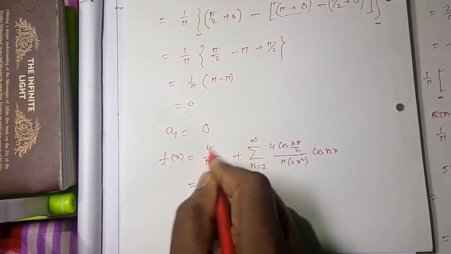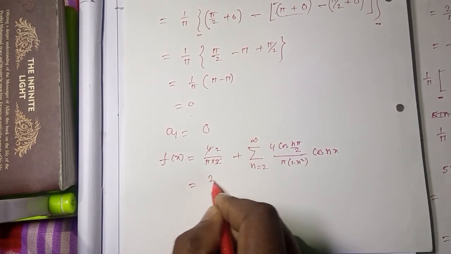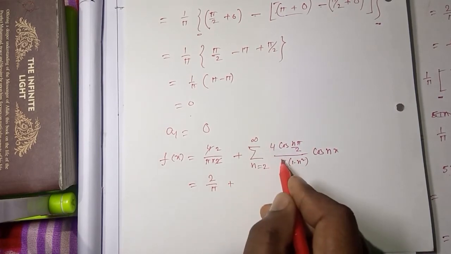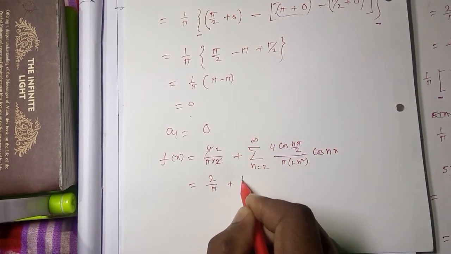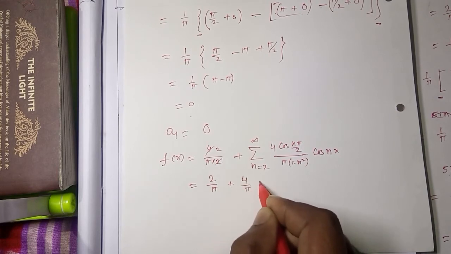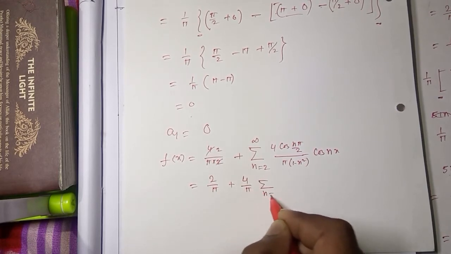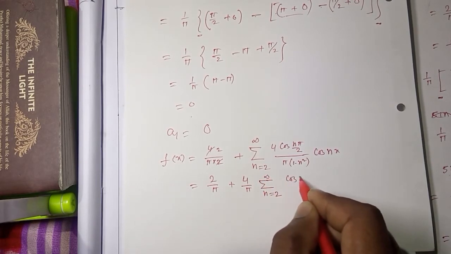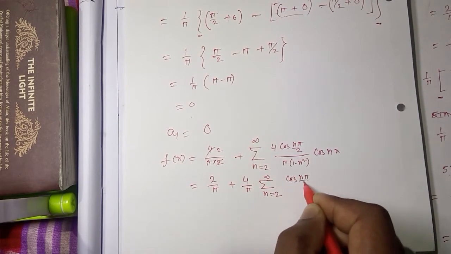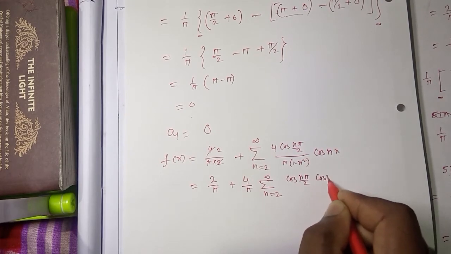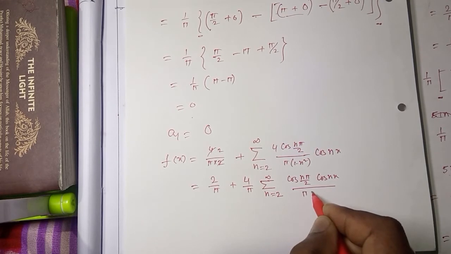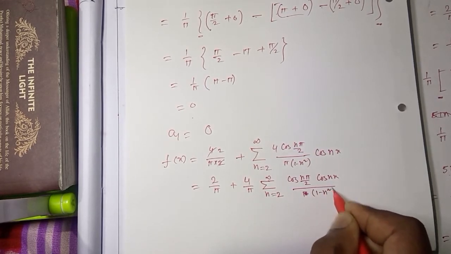But these two cancel, so 2 by pi plus this 4 by pi comes out, 4 by pi summation n equal to 2 to infinity cos of n pi by 2 cos of nx by 1 minus n square.